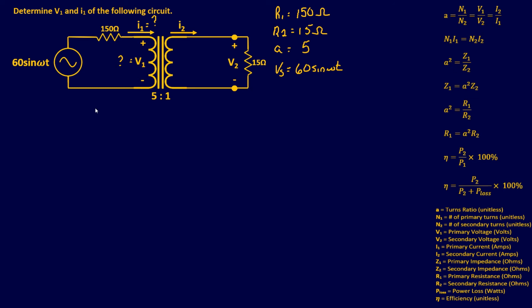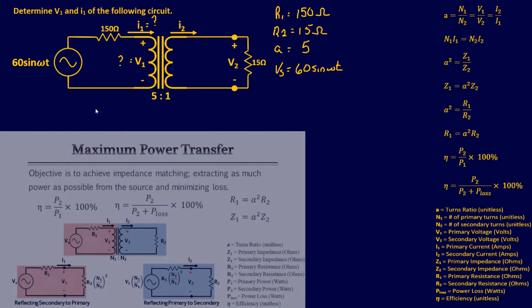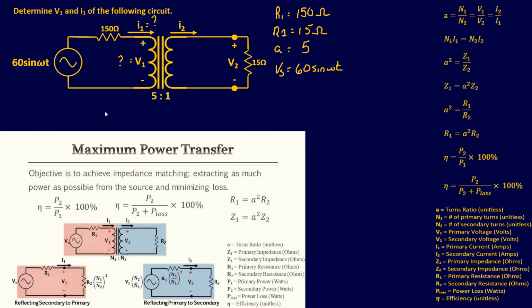Now this one, you're going to refer back to the PowerPoint on the maximum power transfer slide. There's a particular schematic we're going to use to solve this problem. So we're going to look at this circuit from this point of view, which means we're going to be referring to that PowerPoint and using that circuit setup. So let's look at it. They have a source, which is in this case 60 sine.